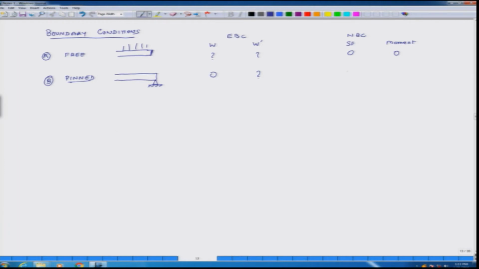So, this is unknown, but the beam is free to rotate at the pinned end. So, moment is 0.